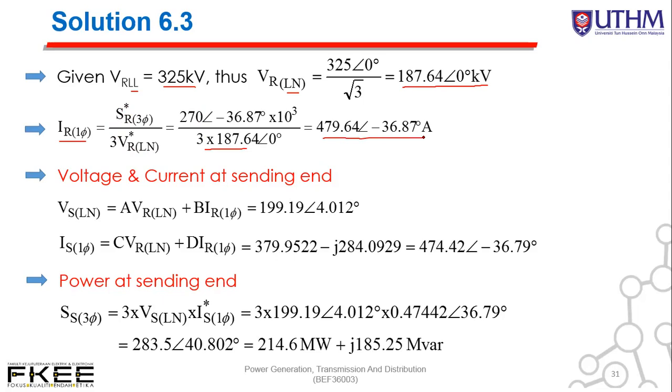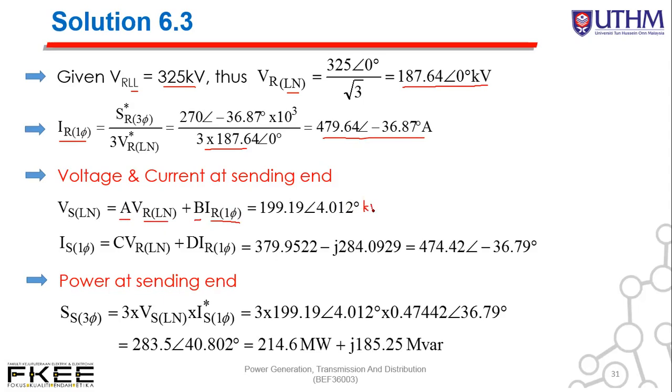Now we can calculate the voltage and current at the sending end. We have the value of A, the single phase receiving voltage, the value of B, and the single phase receiving current. Replacing the values, we got the sending voltage equal to 199.19 kilovolt.